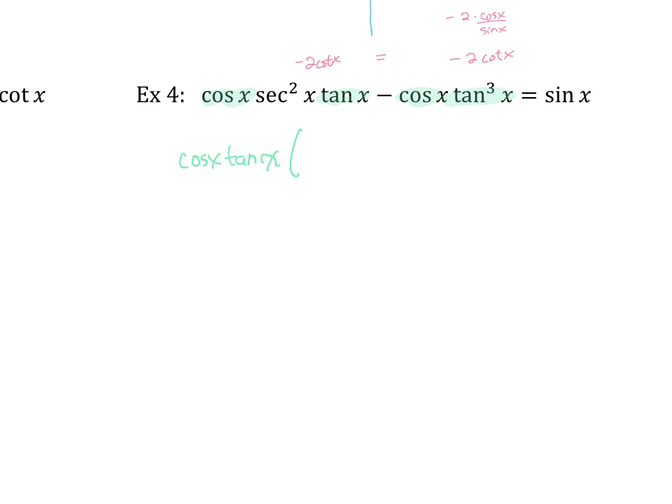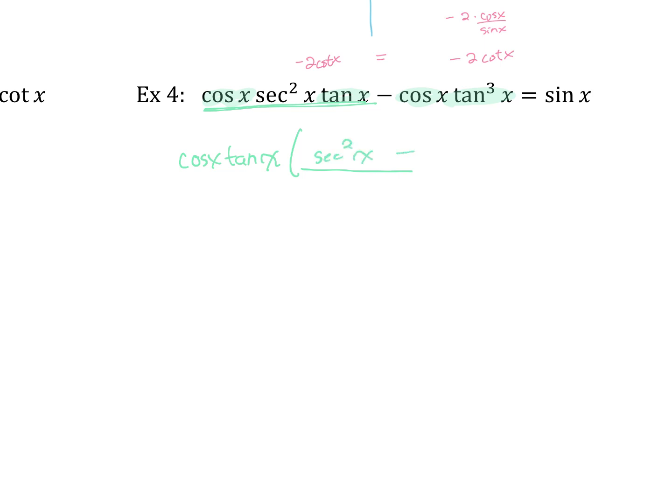So cosine x times tan x times what to get this whole expression? What's missing from there? Morgan, what term do we need here so that if we were to multiply this, we would get all of that? There you go, secant squared x.